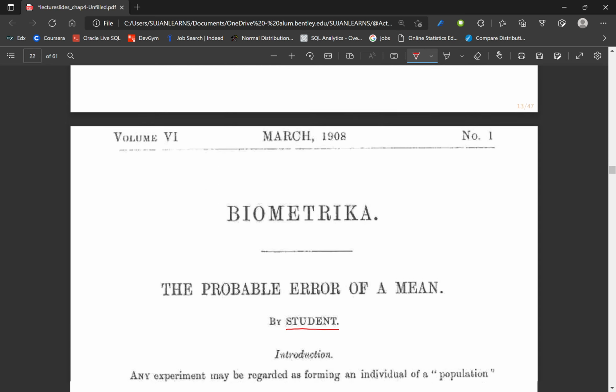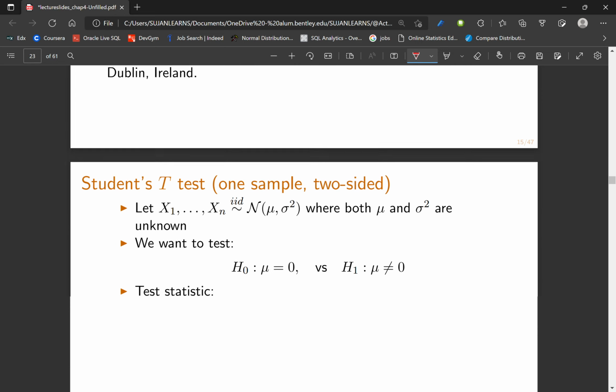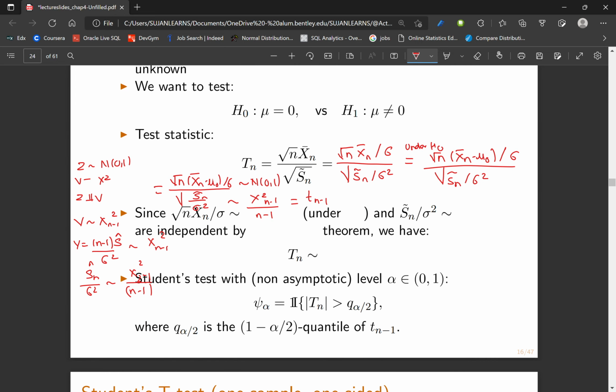And what is d here? d is n minus 1. That's the value here. Or we can say this is equal to chi-square n minus 1 divided by n minus 1. Therefore, this has a distribution with n minus 1 degrees of freedom.